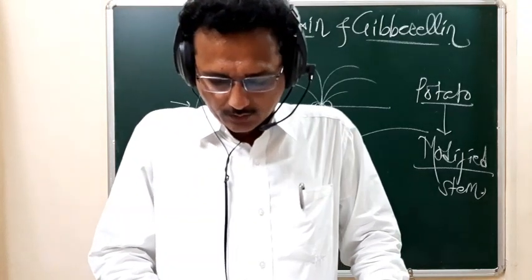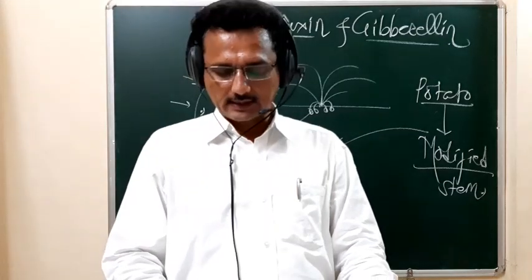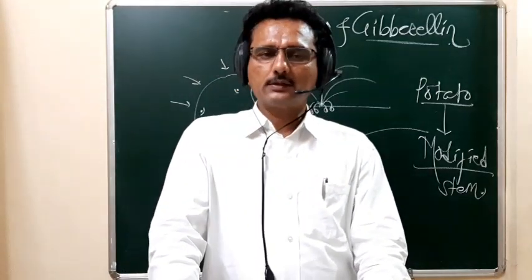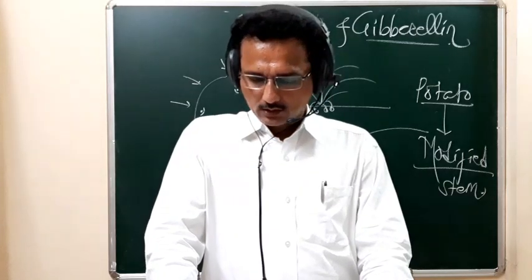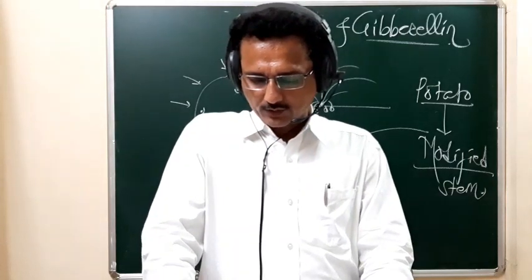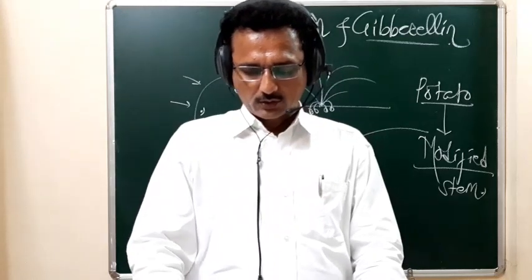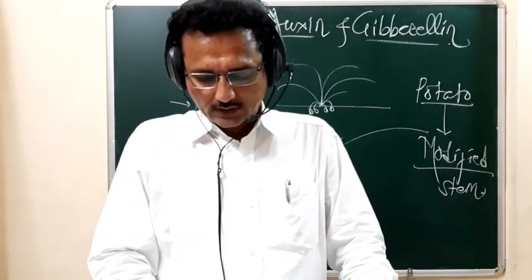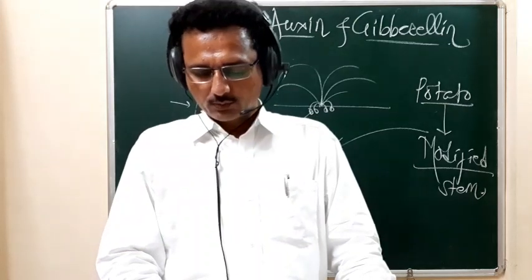Then the next question, number 169. The elongation of stem is caused by: when there is stem elongation, who is responsible? First option auxin, second option gibberellin, third option cytokinin, and fourth option both A and B.